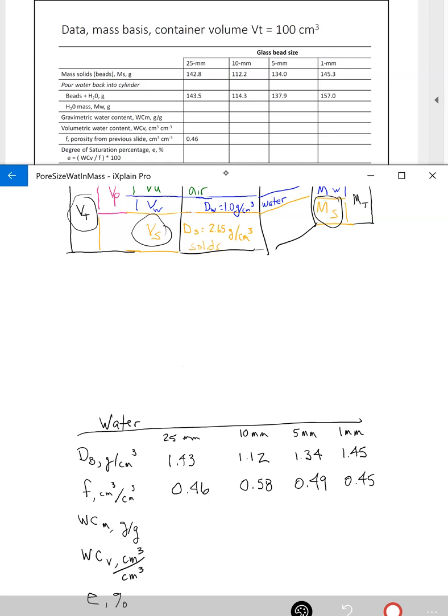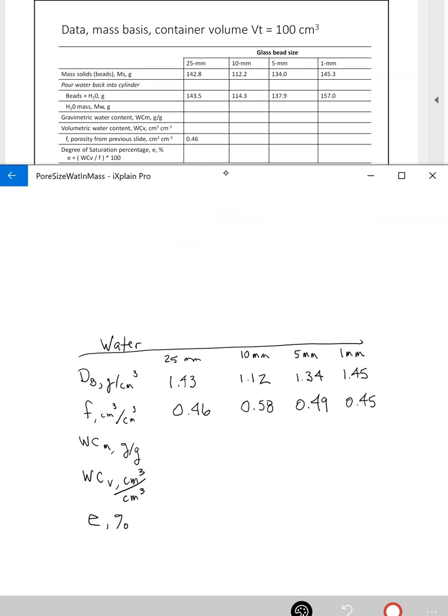You've already seen all the definition versions of those. We'll just start here and do our mass values. So we need to figure out what the mass of the water is, and we'll put that in here. So we have the mass of the water in grams.